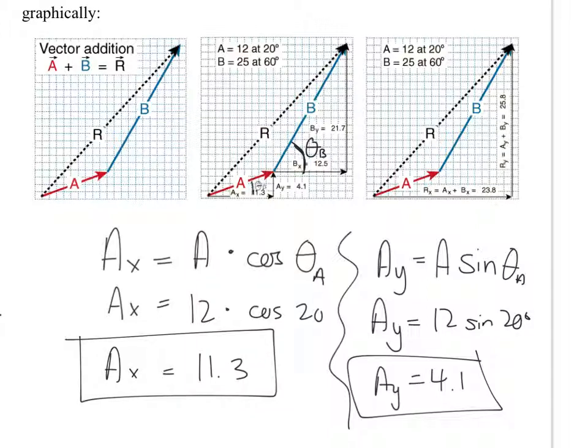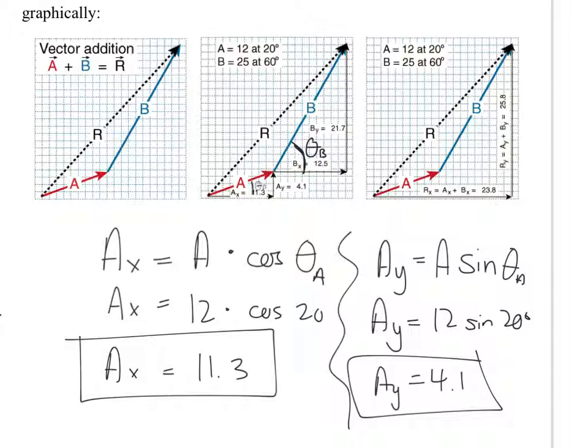Pythagorean theorem. So this is vector addition with trig. You want to add the horizontal components of all your vectors together, add the vertical components together, and then you end up with a triangle at the end. It will always look like this. It doesn't matter if there are 7 vectors. You're still going to have a triangle in the end. You then use the Pythagorean theorem to get R.